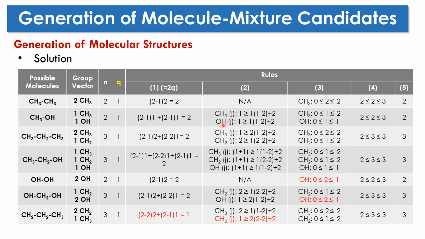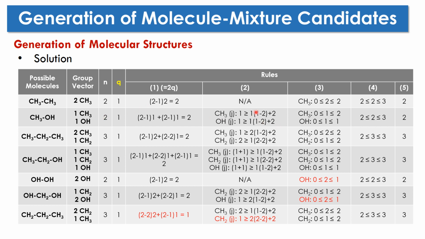So the I in this equation is for OH. Number of OH group is 1, so we put here 1. So 1 is more than or equal to, and the right side of the equation is Nj, which refers to CH3. Nj in this group is only 1.